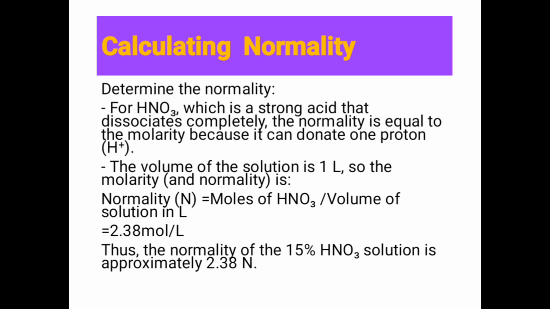So normality is equal to the number of moles of HNO3 over the volume of solution in liter. That's 2.38 over 1 liter, and that will give us 2.38 normal. That's N. So the normality of a 15% HNO3 solution is 2.38 N.